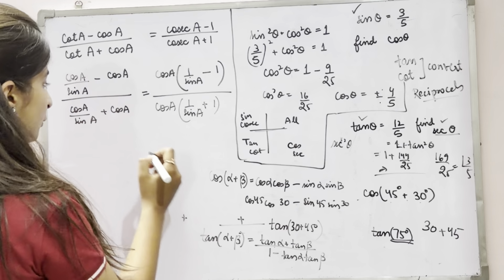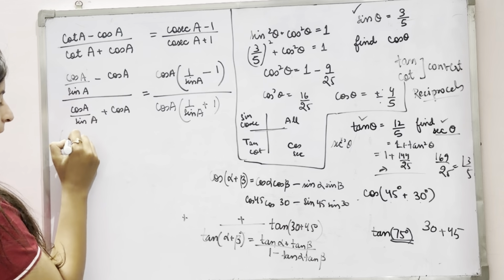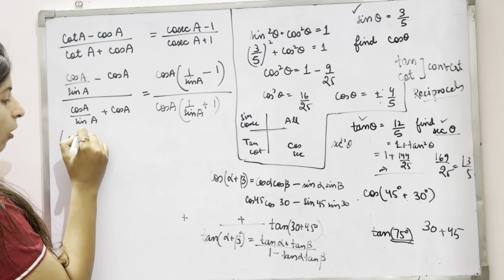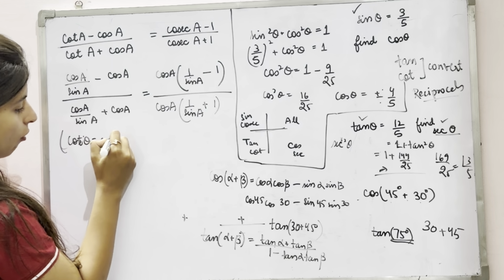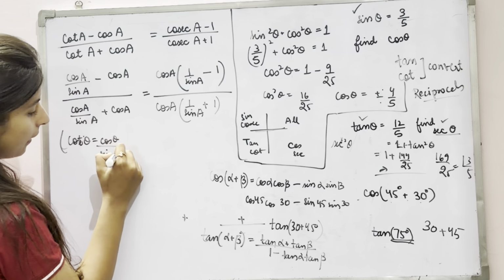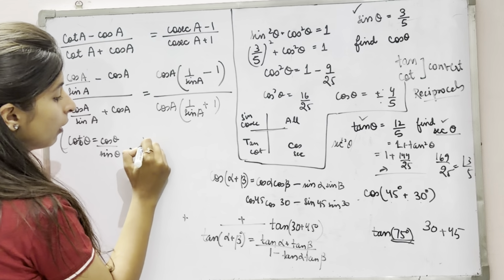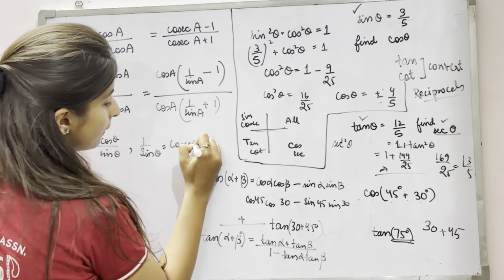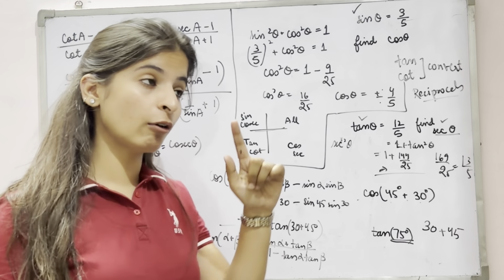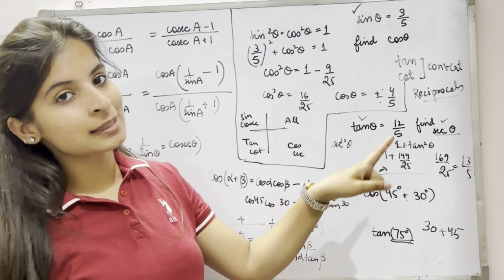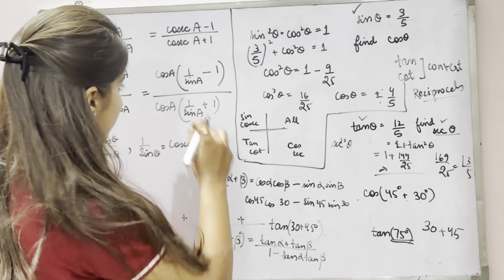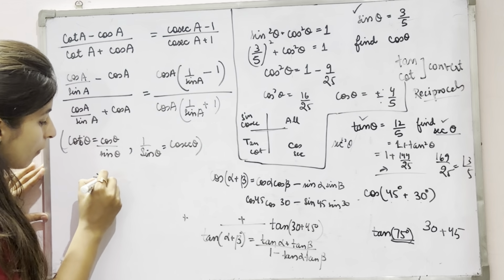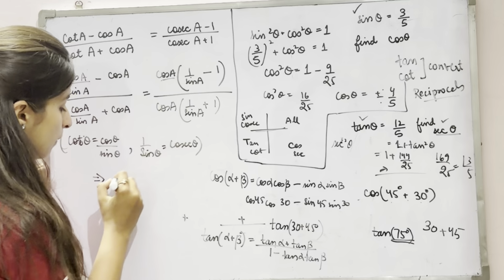Now we have to write it like this in the bracket, that cot theta equals cos theta upon sin theta. And now one more thing we are using, 1 upon sin theta is cosecant theta. Don't get confused, I told you opposite of C is S and opposite of S is C. For this particular case, how are we going to proceed forward?